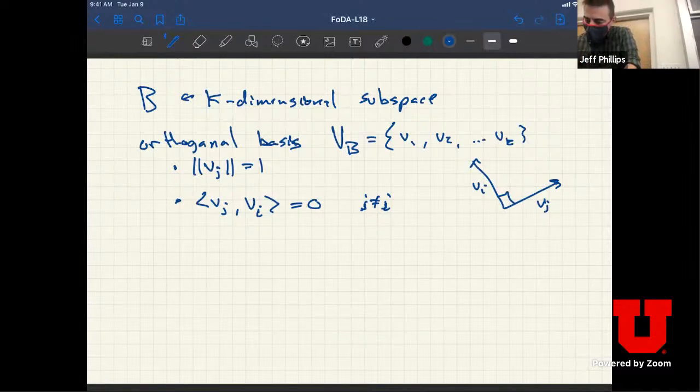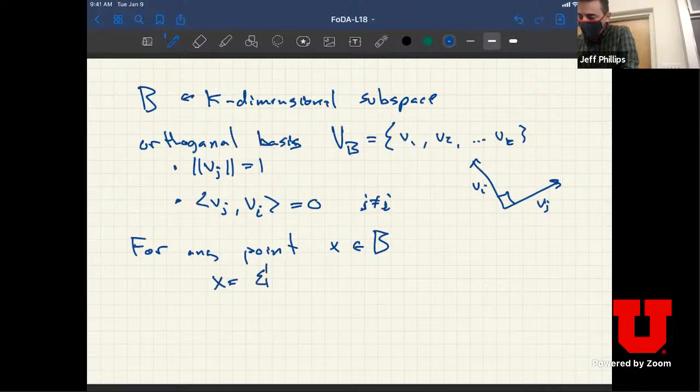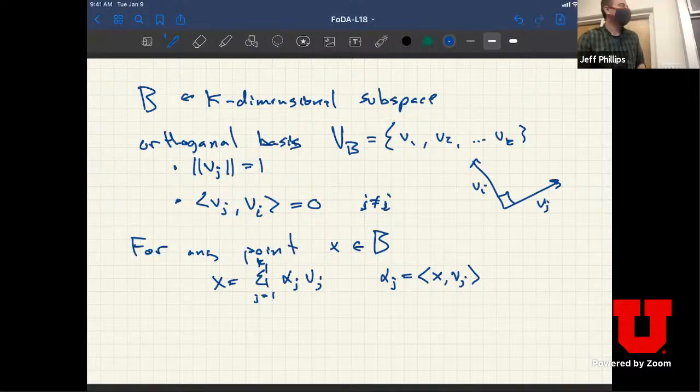Okay, so now this will allow us that for any point x in B, in this space, I can write x as equal to the sum, and this is going to be how we do this projection, j equals 1 up to k of alpha j times Vj, where in this case alpha j is going to be equal to x dot Vj.